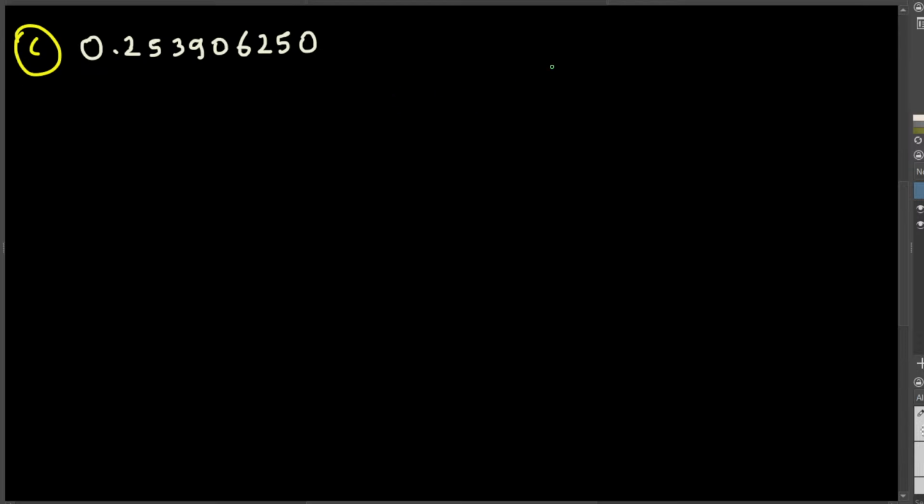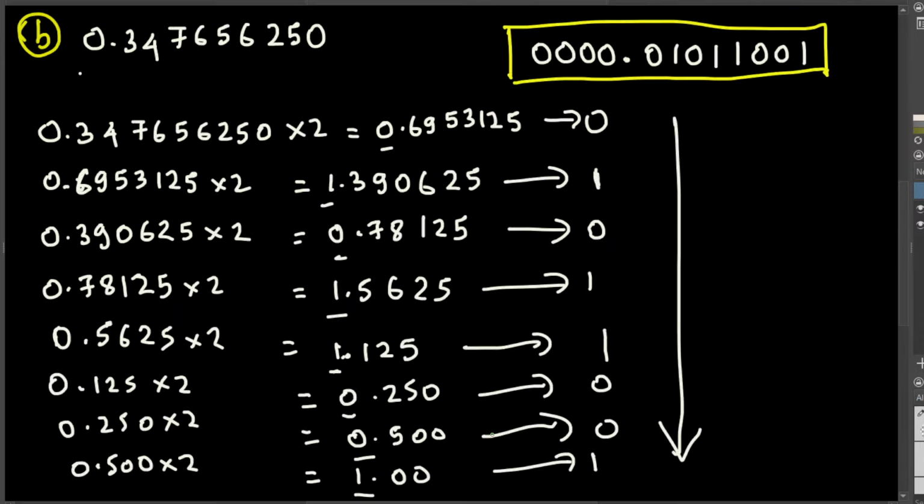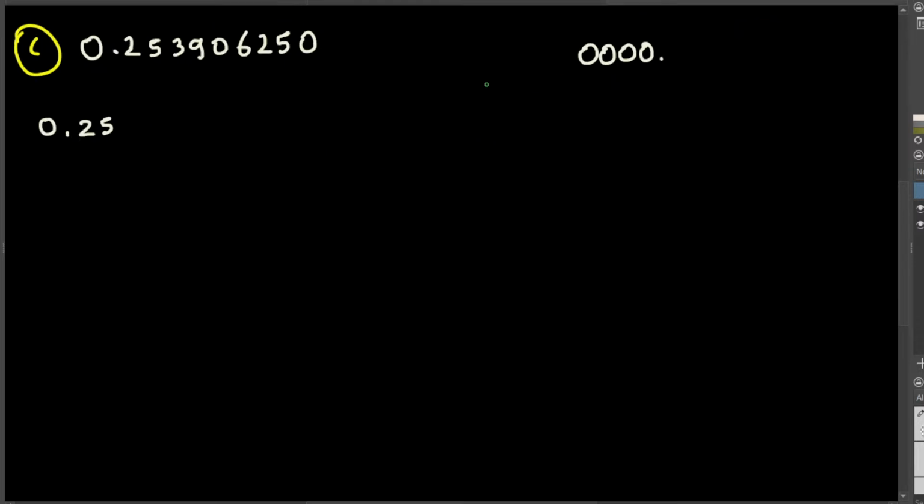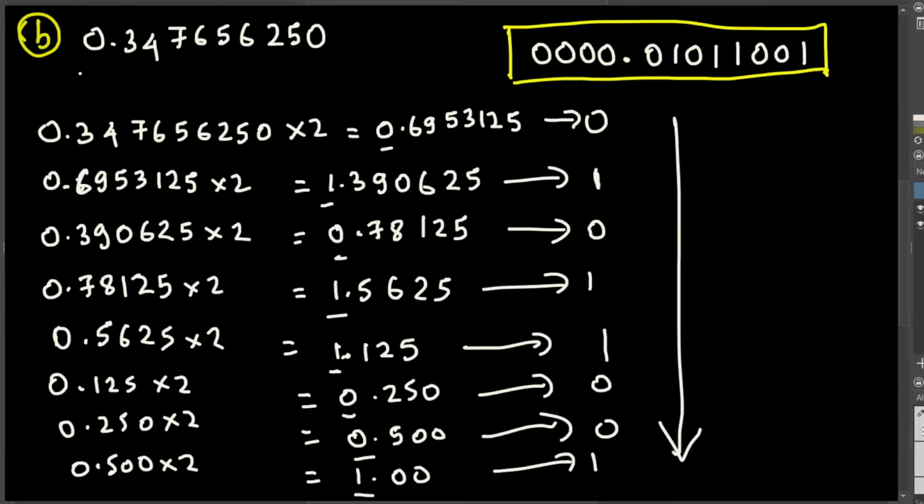Here also, the integer value is 0, so we put 4 zeros for that. And then the fraction value is the one we have to convert. To do the conversion, again multiply by 2 until it becomes 0.00, like this. If we don't get it, we stop at 8 bits.